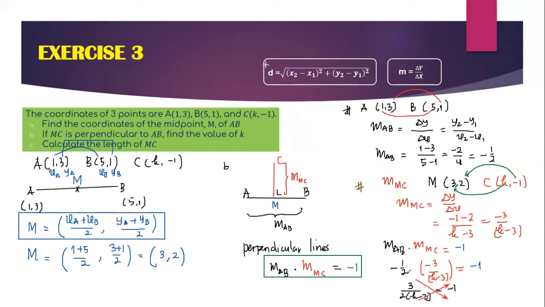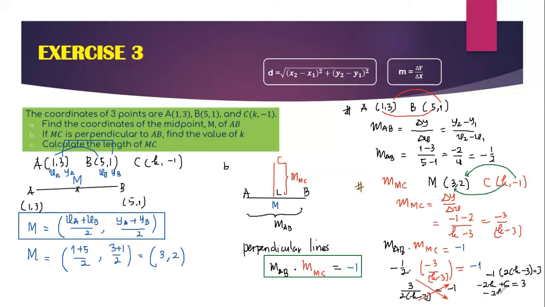Now we're going to continue this question and simplify. The simplification is minus 1 times 2 times k minus 3 equals 3, right? And then minus 2k plus 6 equals 3.